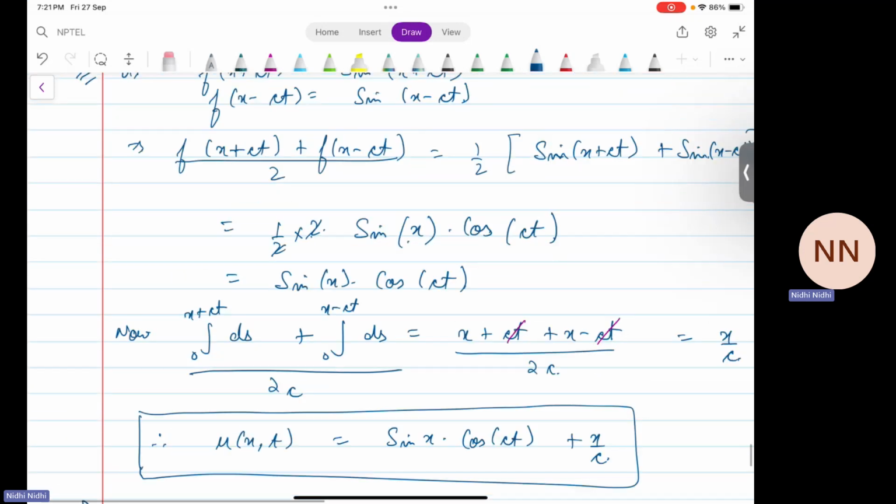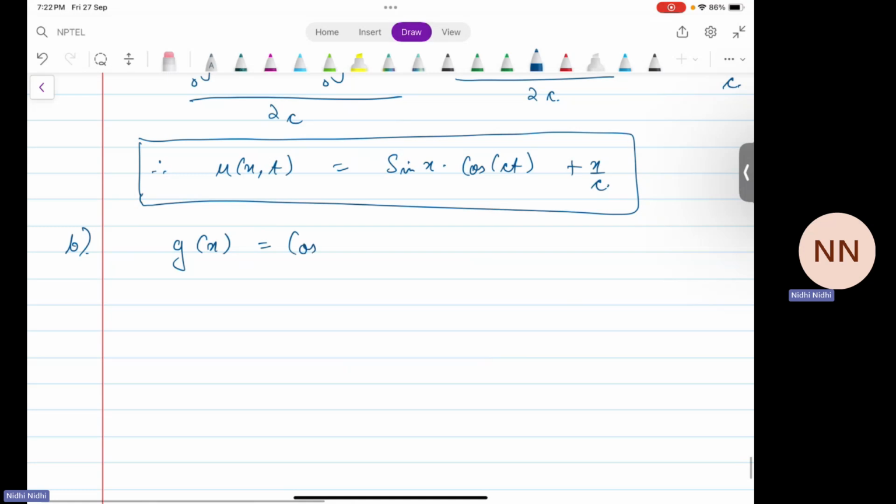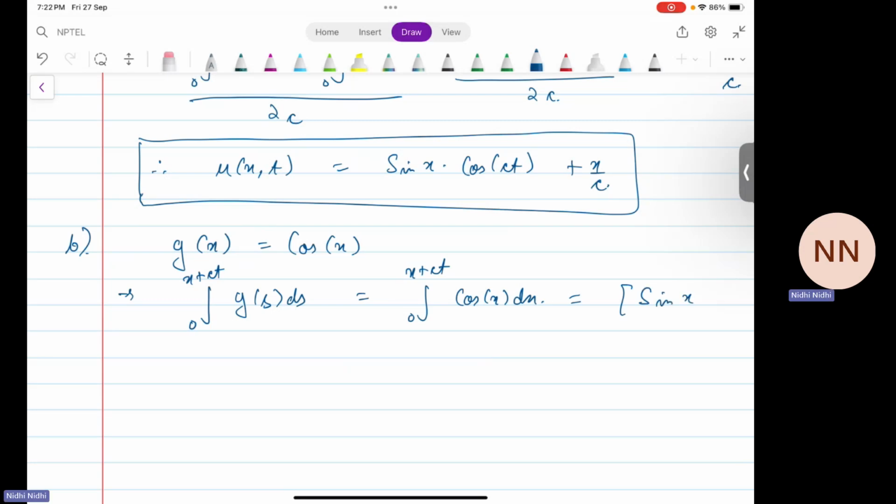So in B part gx is cos x, so integration 0 to x plus ct gs ds is integration 0 to x plus ct cos s ds, and integration of cos s is sin s, from 0 to x plus ct.